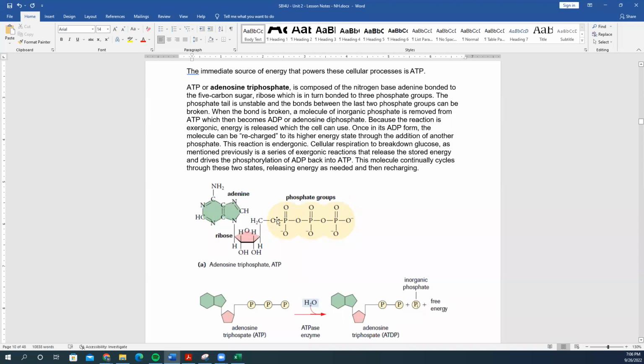And this phosphate tail is quite unstable, and the bonds between these phosphate groups, especially the last 2 phosphate groups, can be broken.